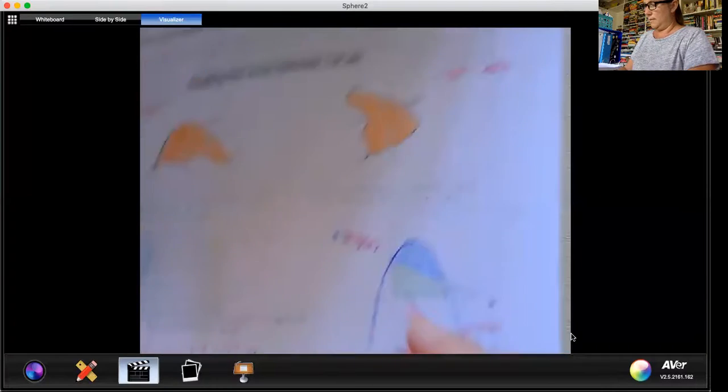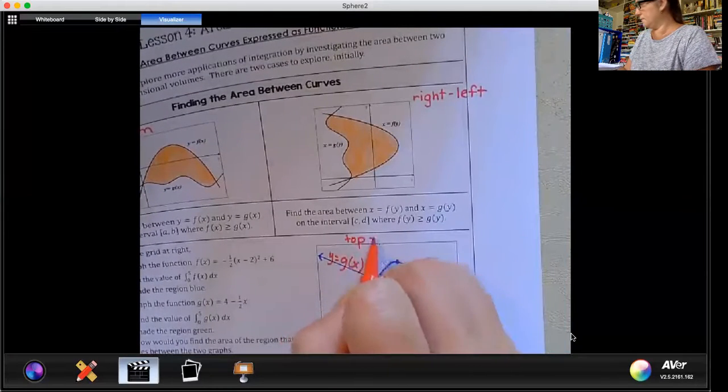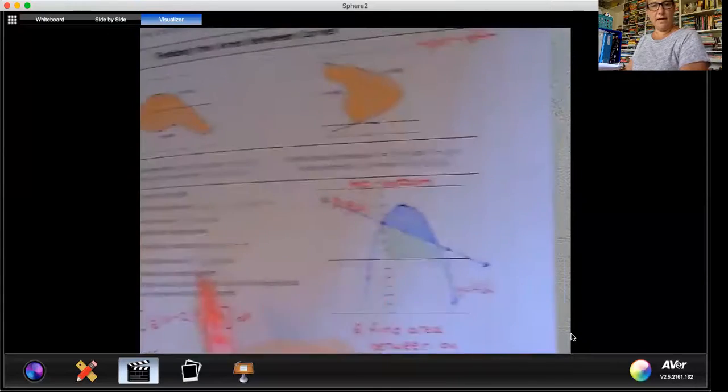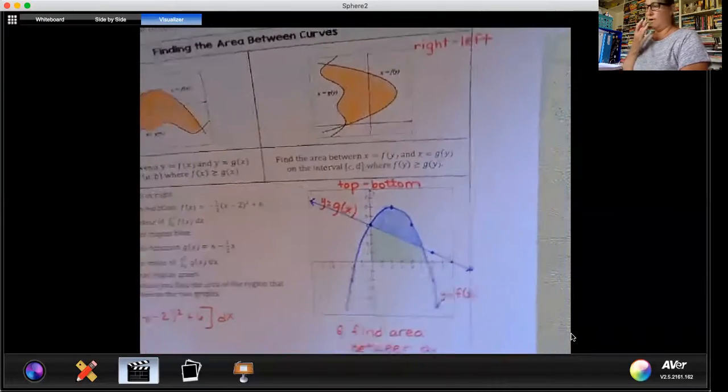This one is a top minus bottom. And we knew that initially because when we graphed it, we have f of x and g of x instead of f of y and g of y.